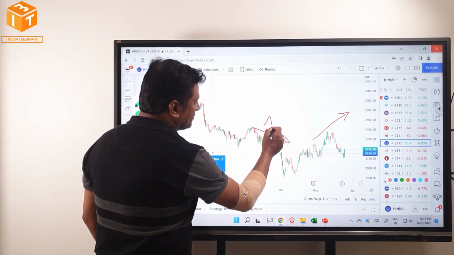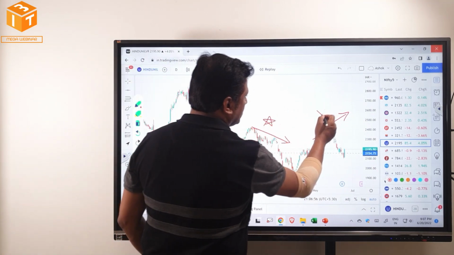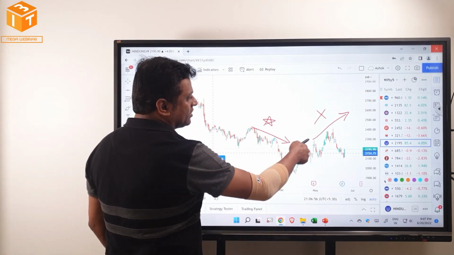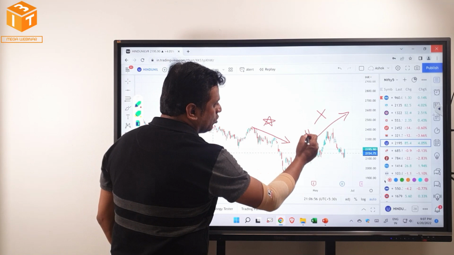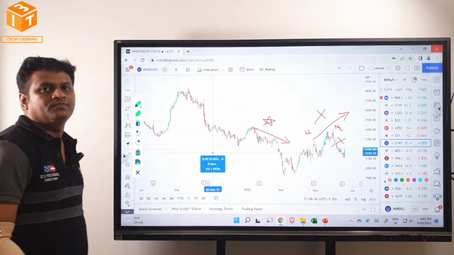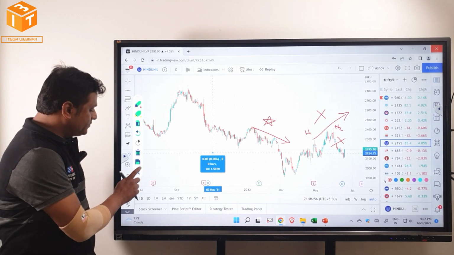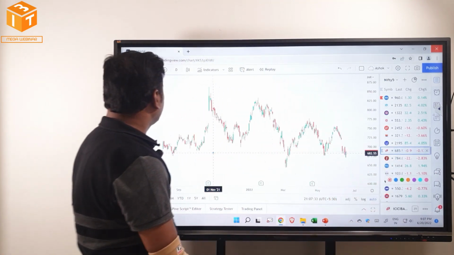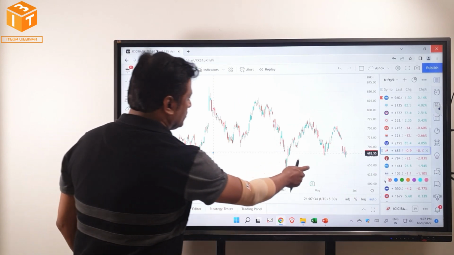This is a valid trend line. This is not. Explain to me why. Because your H2 is not less than H1. Your H1 is lower than H2, which is a wrong scenario. Very simple, straightforward. Alright. One last example before we wind up this video.